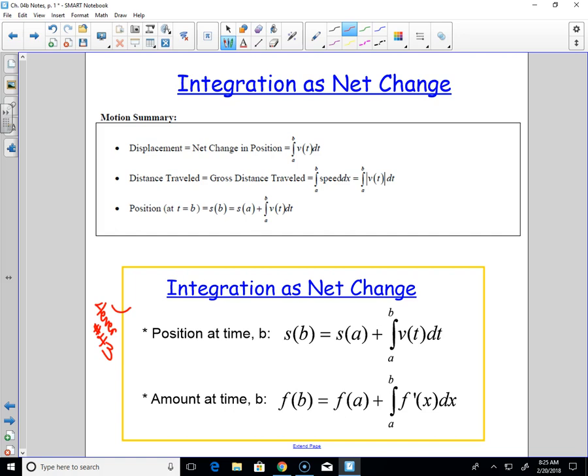Forever number 43 says we can figure out the position, and I want you to underline the "at." This isn't position over, this is position at. Position over wouldn't even be position, it would be change in position over. This is position at.